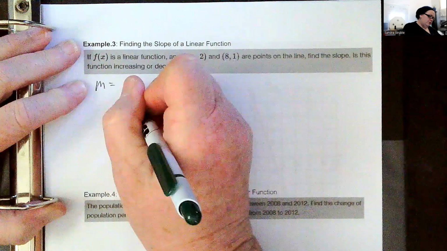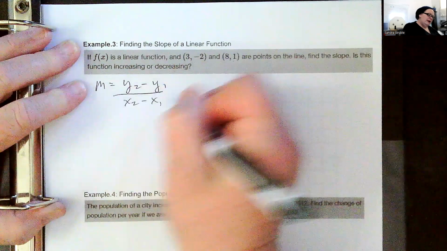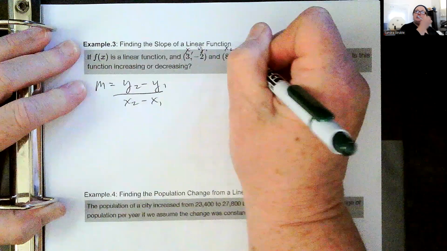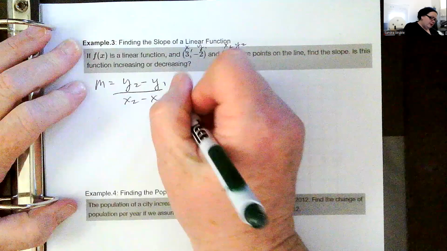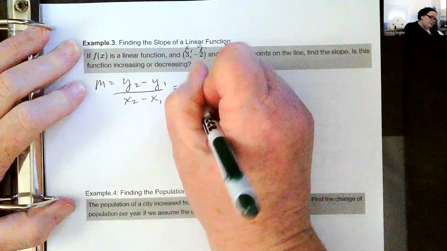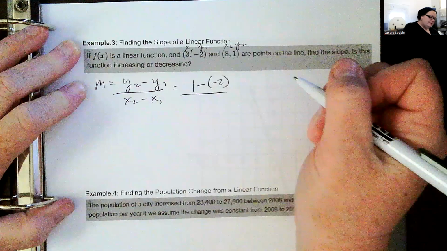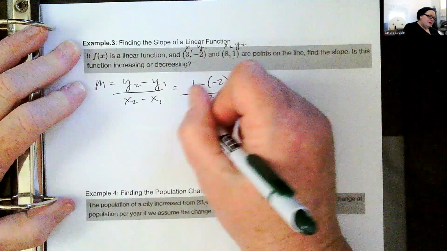So m equals y sub 2 minus y sub 1 over x sub 2 minus x sub 1. I'm just going to label them because, you know, I forget these things. So don't be shy in labeling. I know some of y'all just hate to write, but I promise you it will help. So y sub 2 is 1 minus negative 2 over 8 minus 3. 1 plus 2 is 3. 8 minus 3 is 5.